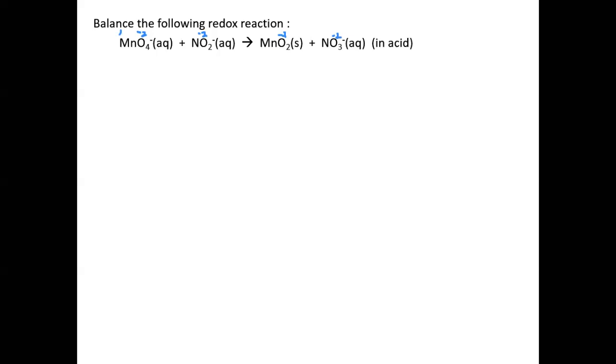So manganese is +7, nitrogen in nitrite is +3, manganese in manganese dioxide is +4, and nitrogen in nitrate is +5.